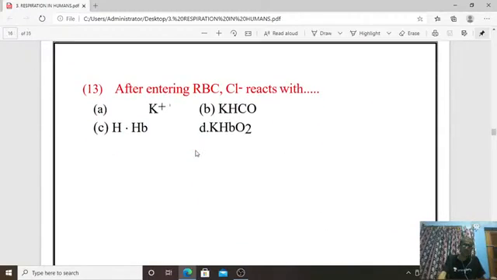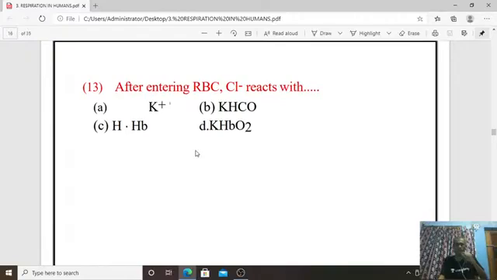Next, after entering RBC, chloride ion reacts with what? Under the chloride shift mechanism, regarding carbon dioxide transport, the chloride ion enters the RBC from the plasma and reacts with the K plus ion, the potassium ion.